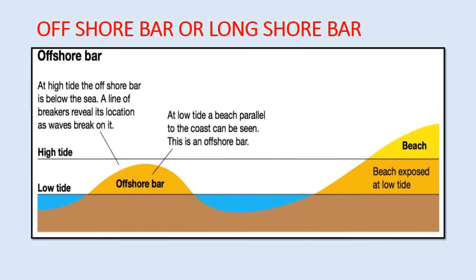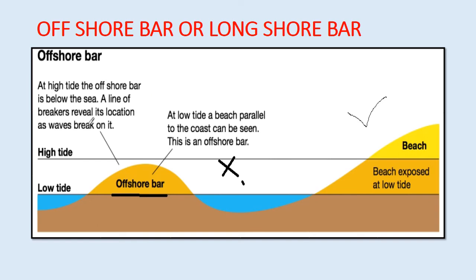Third one is the offshore bar. Offshore bar is also parallel to the shore. It is an offshore bar and is not attached to the shore. This is the continent or shoreline. At high tide, the offshore bar is below the sea.